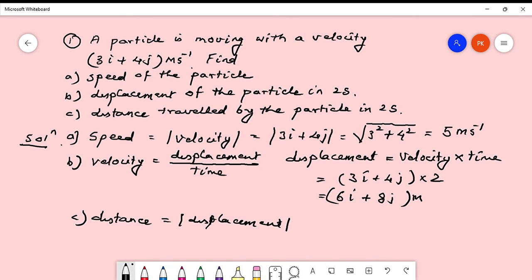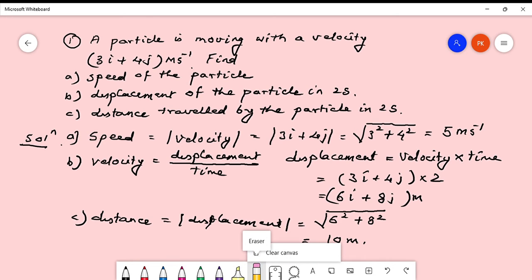The magnitude of the displacement vector is root of 6 square plus 8 square, that is 36 plus 64, root 100, that is the distance traveled by the particle in 2 seconds is 10 meter. So keep it in mind that the speed is the magnitude of the velocity vector and the distance is the magnitude of the displacement vector.